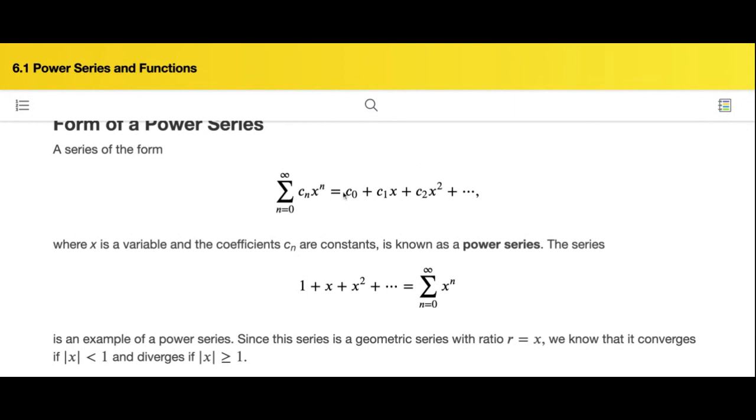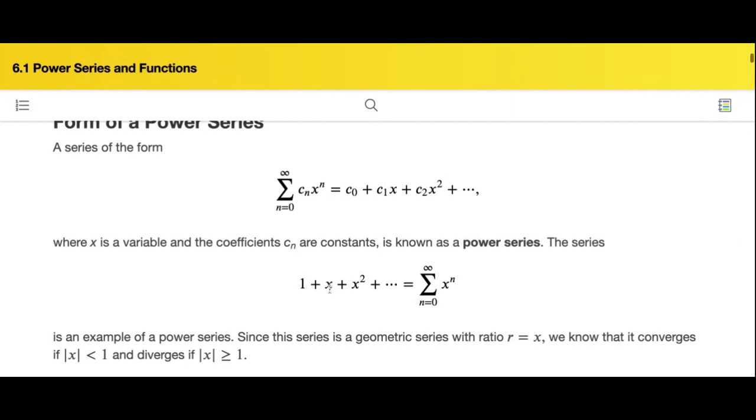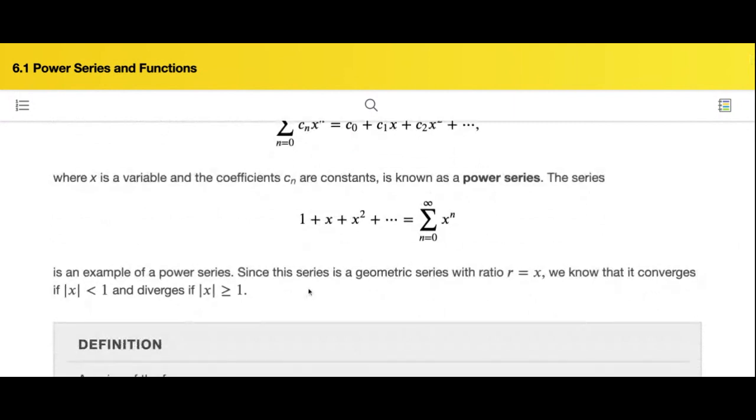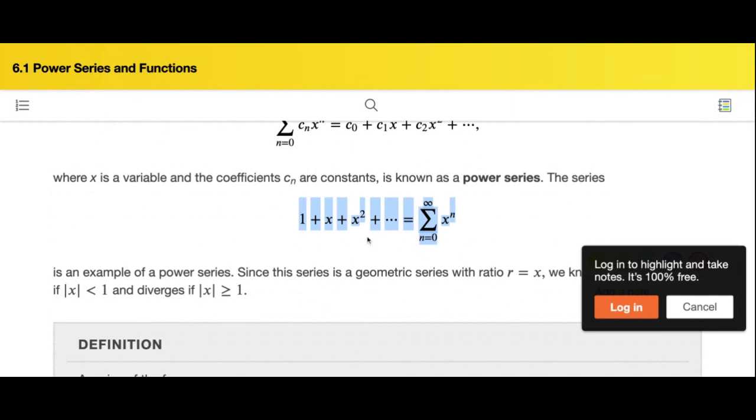And of course, in this power series, c0, c1, c2, any of them might be 0, right? The coefficient might be 0. So maybe you'll only see the x term, x cubed term, x raised to 5, or so on and so forth. So this series is a geometric series, right, with a ratio of x.